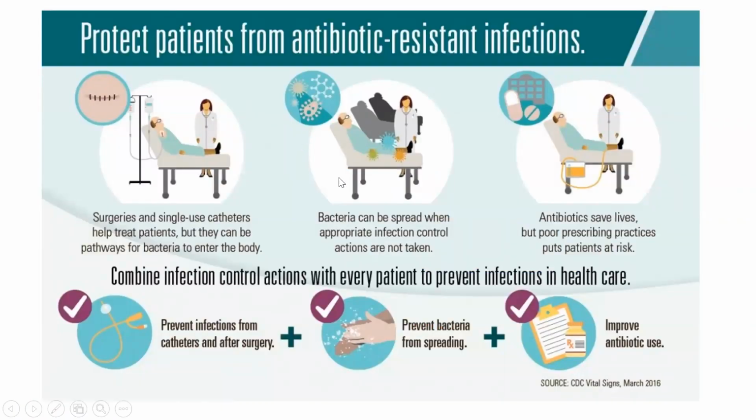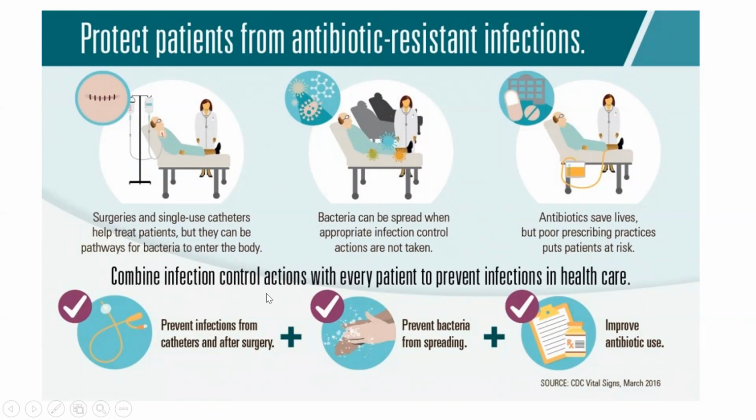Now, how can we protect patients from antibiotic-resistant infections? Surgeries and single-use catheters help treat patients, but they can be pathways for bacteria to enter the body. So bacteria can be spread when appropriate infection control actions are not taken. And antibiotics save lives, but poor prescribing practices and rampant use can put patients at risk.